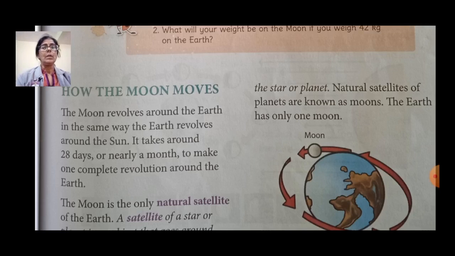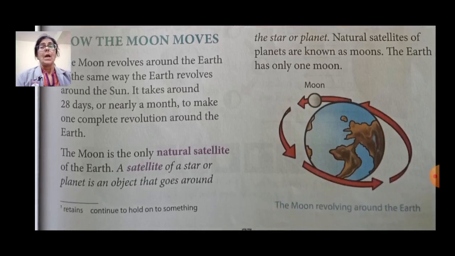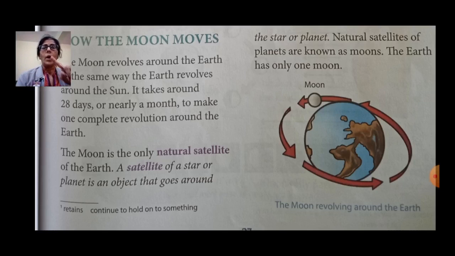The earth has only one moon. आप सब शायद थर्ड स्टैंडर्ड में या तो फोर्थ स्टैंडर्ड में ऐसा पढ़े होंगे. You might have learned or read in your lesson that other planets are also having their moons. किसी के पास ज़्यादा मून है, right? But earth is having only one moon. That is our natural satellite, right?